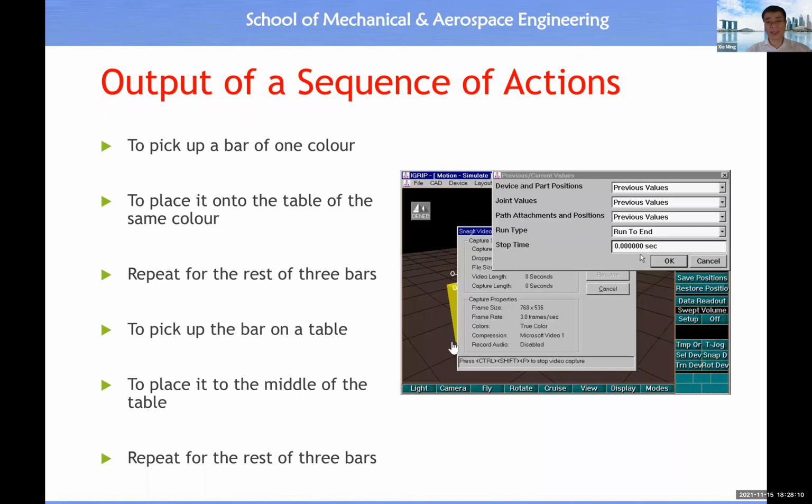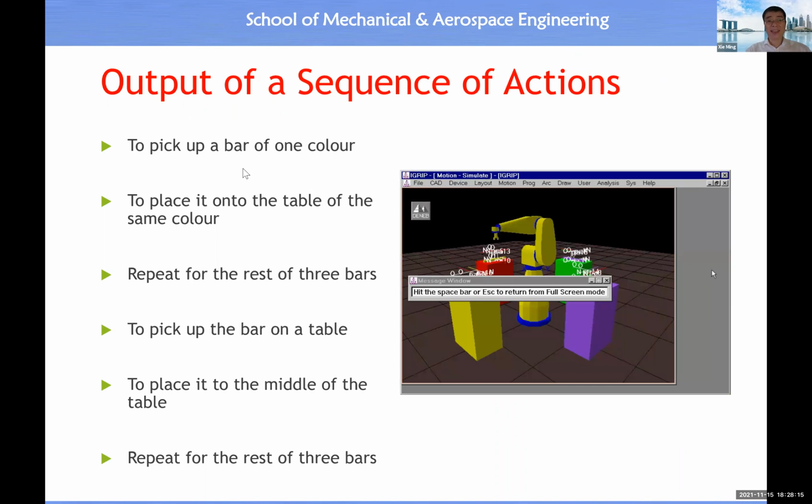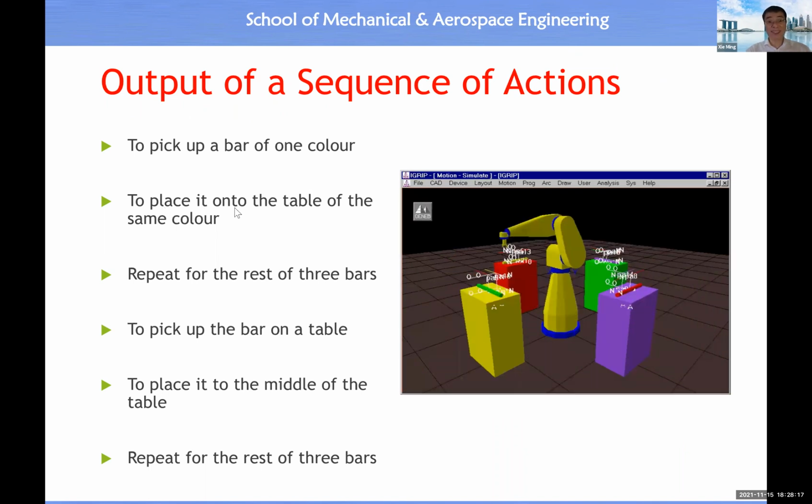So action 1 is to pick up a bar of one color, and action 2 is to place it onto the table of the same color. Then repeat these 2 actions until all the bars are placed onto the right table.